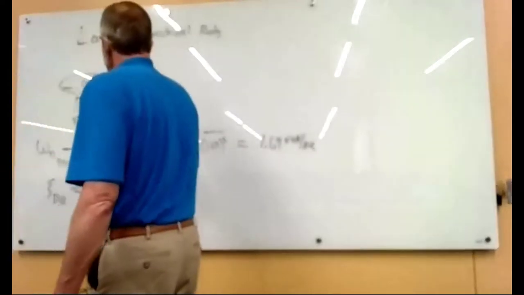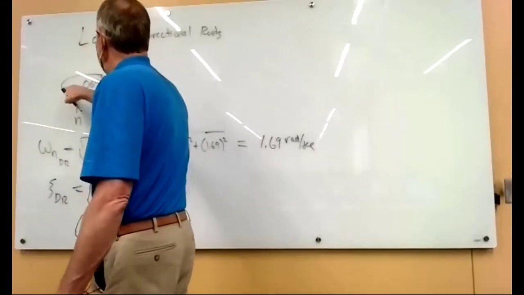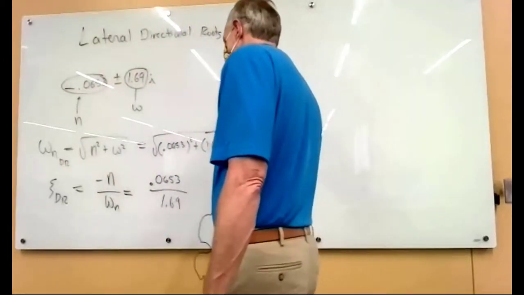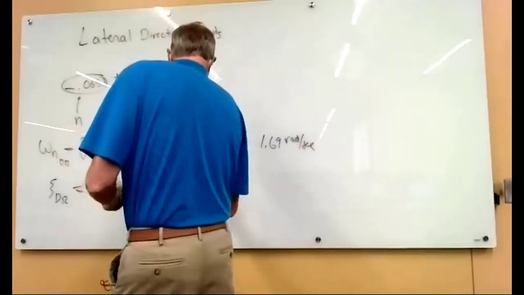When you do this, make sure you put in the minus number in here for n, and if it's stable, you'll get a minus and a minus, which gives you a plus, because a positive damping ratio will be damped, right?